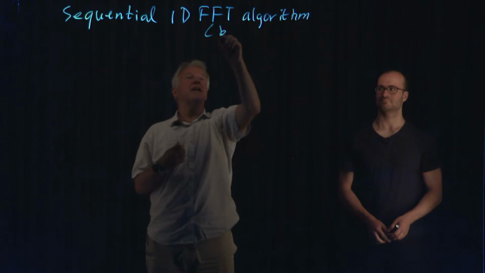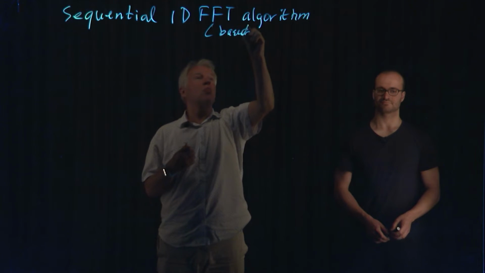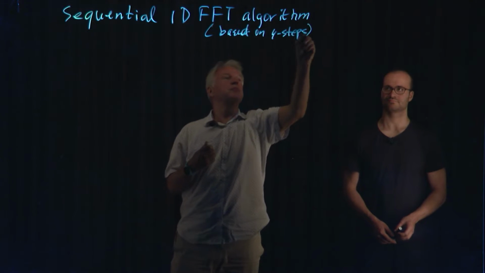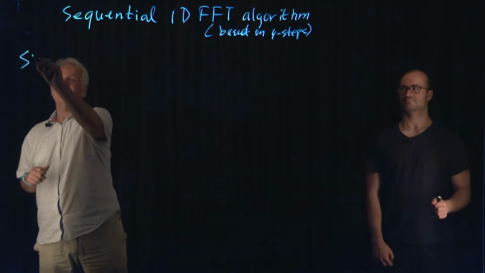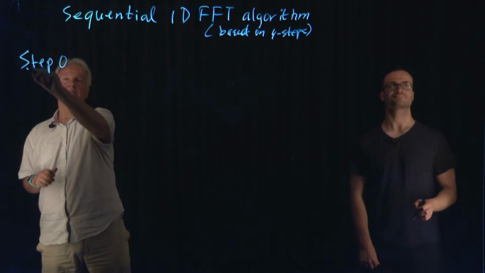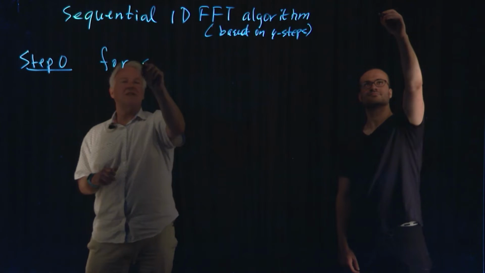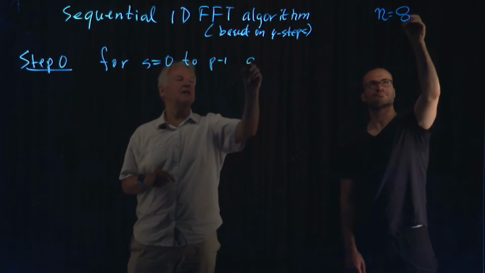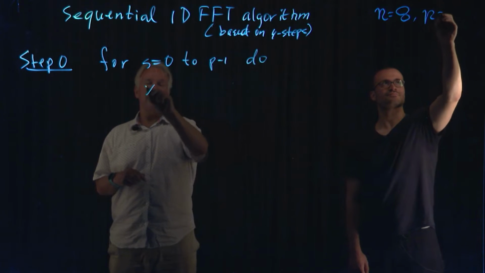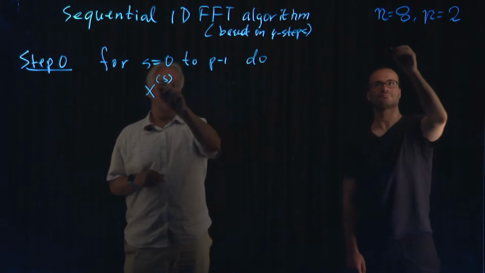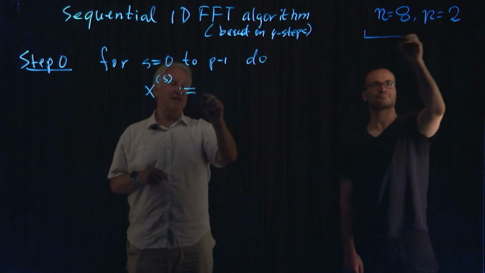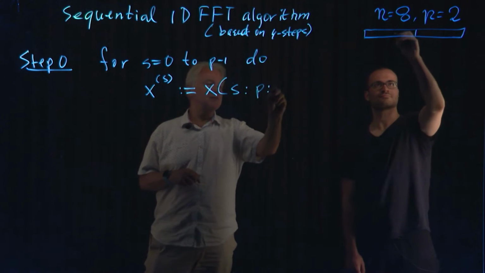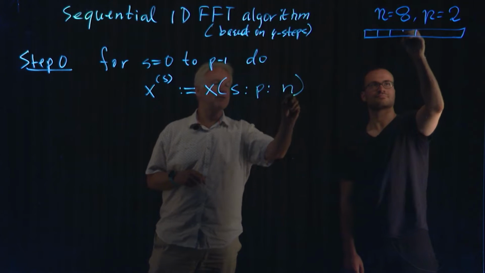And then it's based on 4 steps. Step 0, we start with for s equals 0 to p minus 1 do, and we pick out part s of the vector, which is starting at s with a stride of p and a length of n.